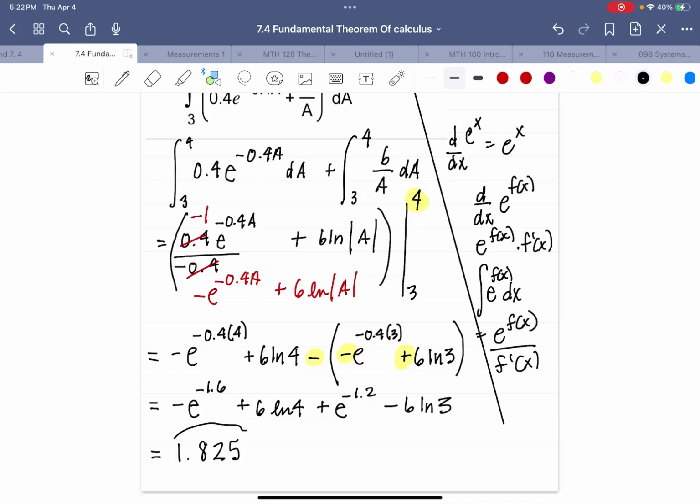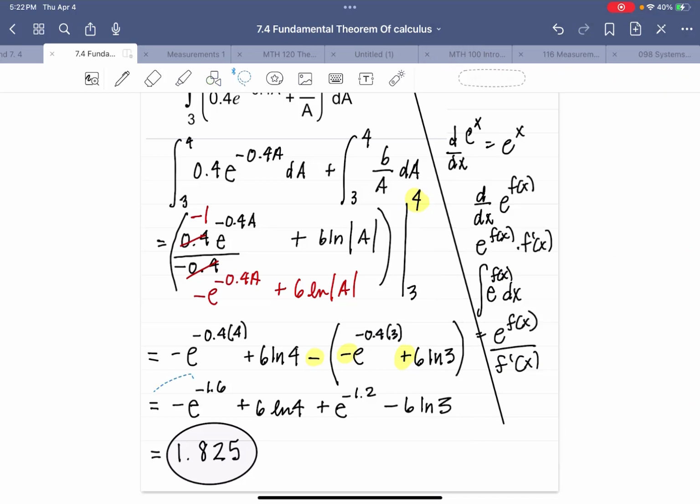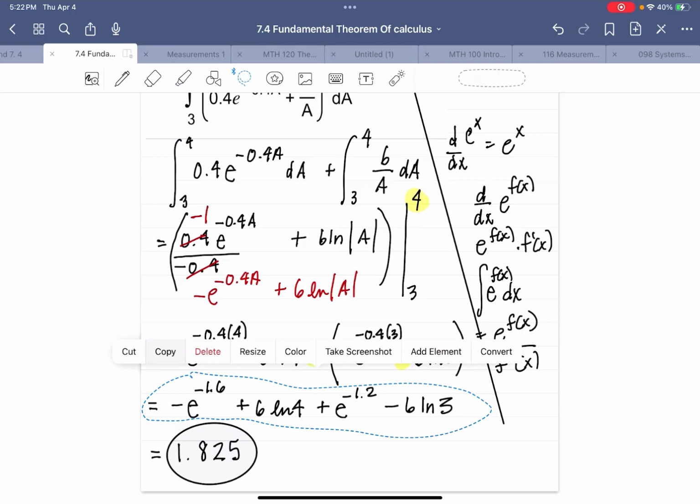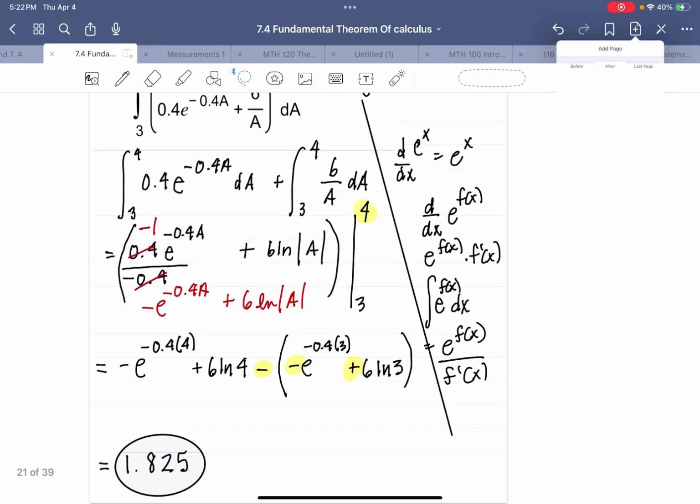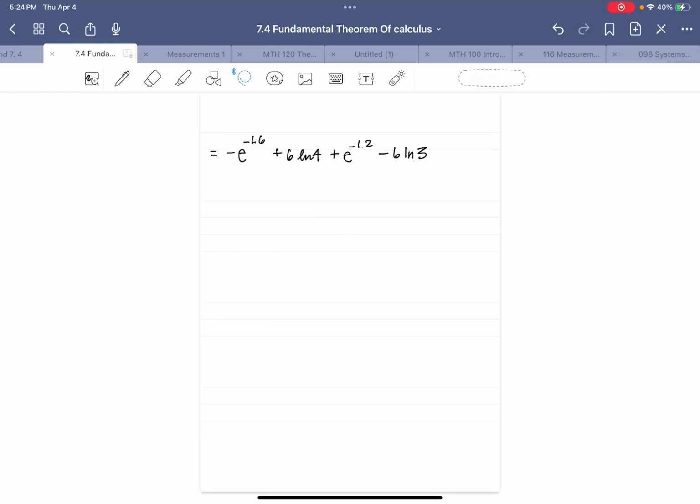And the one thing that I would recommend is, let's talk about this in the calculator real fast. Because there's no way you can do this without a calculator. You got to have a calculator for those natural logs and for those e's. So quickly, let's just talk about this in the calculator. To get the e, you got to do second and natural log.